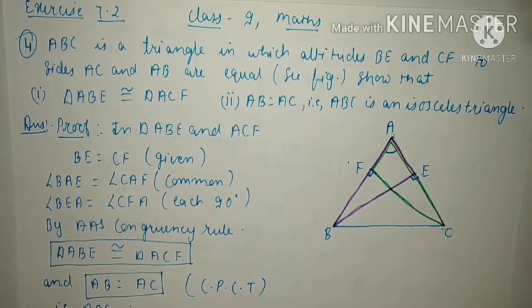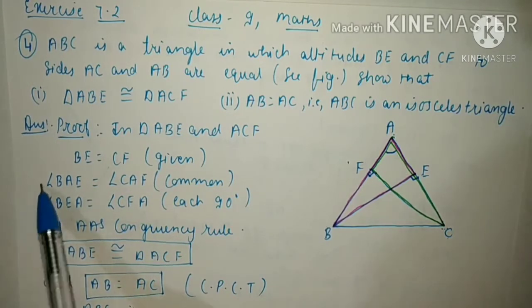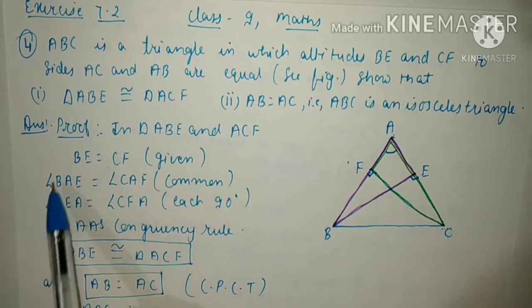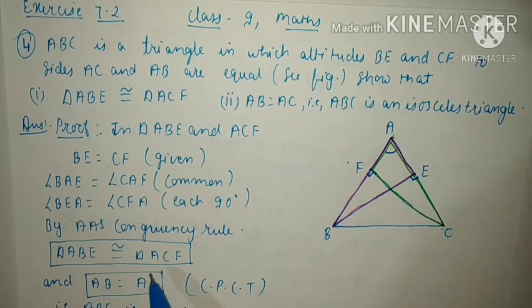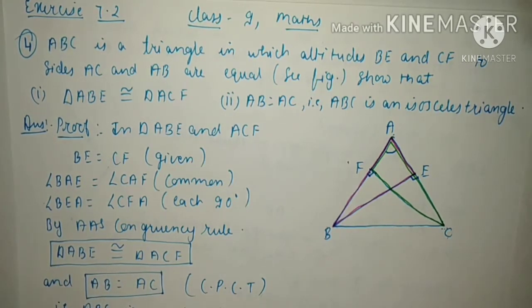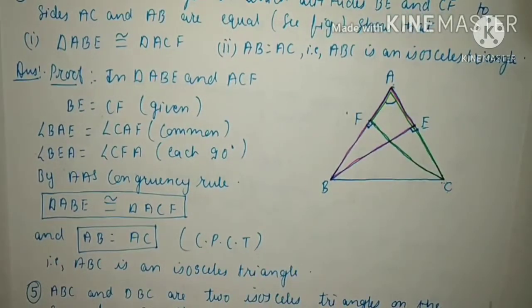Now we can see that two angles and one side are there, so by the AAS congruency rule, both the triangles will be congruent, so we can write triangle ABE is congruent to triangle ACF. Now this is the first part of our proof.